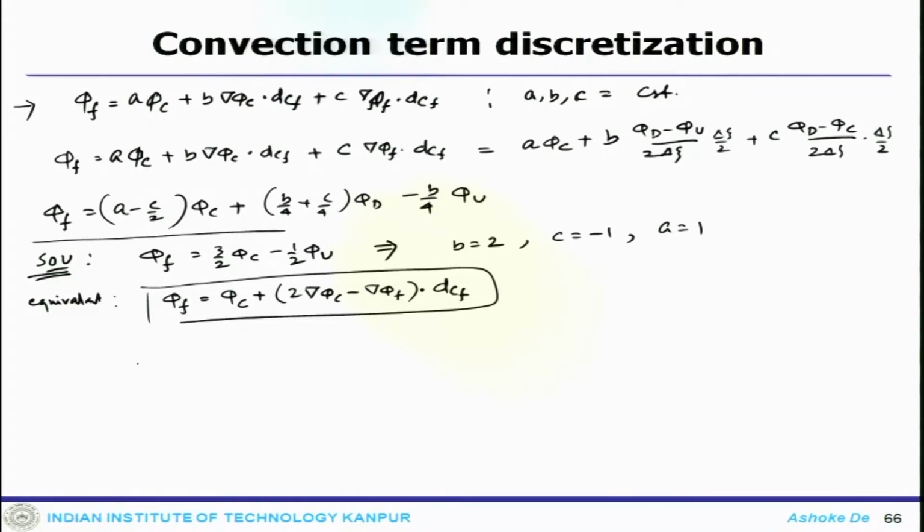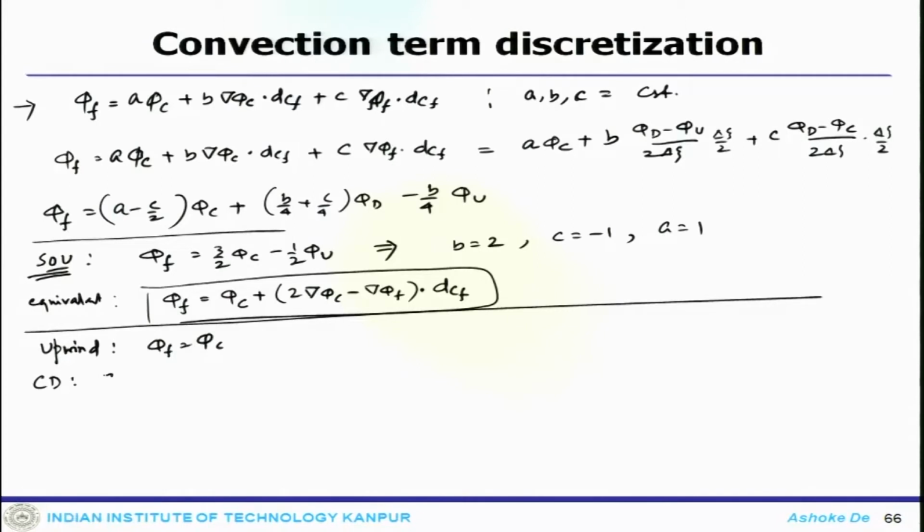If you follow a similar procedure, one can find the expressions for the others, and I am noting down the final expressions. For upwind, it would be phi f equals phi c. For central difference, phi f equals phi c plus delta phi f dot dCF.